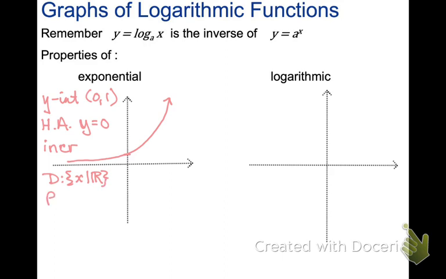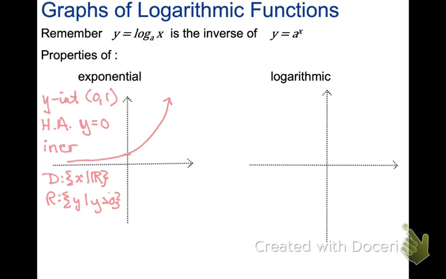And the range is greater than 0. Are those all the things we know about it? Is there anything else? It doesn't have an x-intercept, does it? No. So that's everything we know.